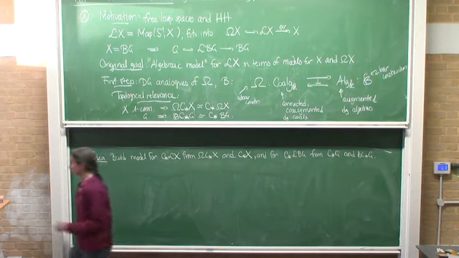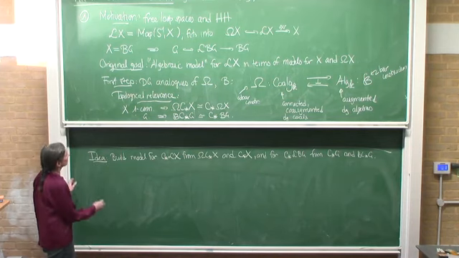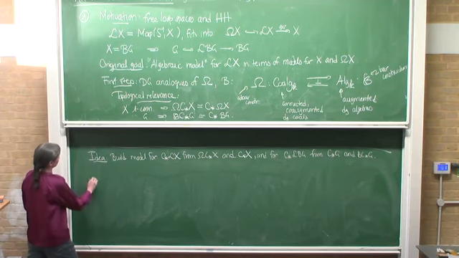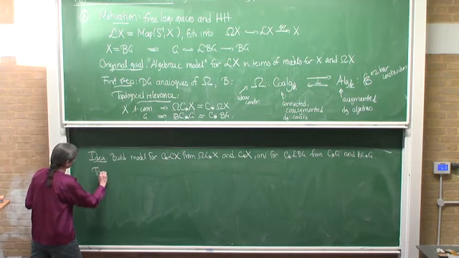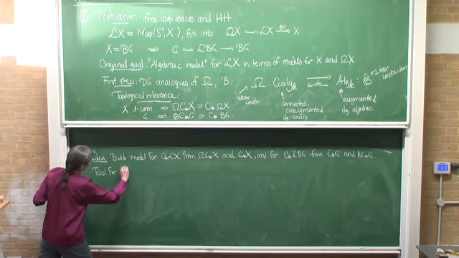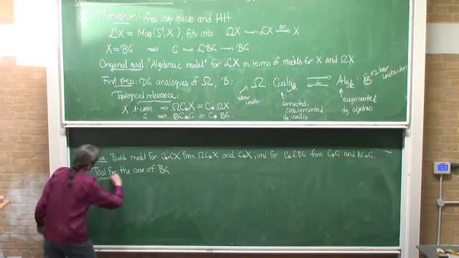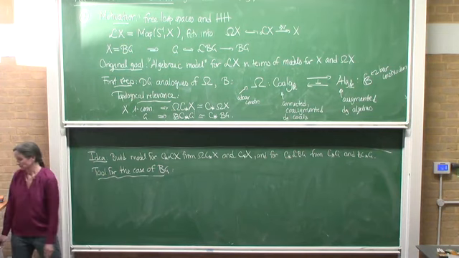Something you can hope to be able to compute with. So let me talk about what works in the case of BG. So the tool in the case of BG is Hochschild homology.